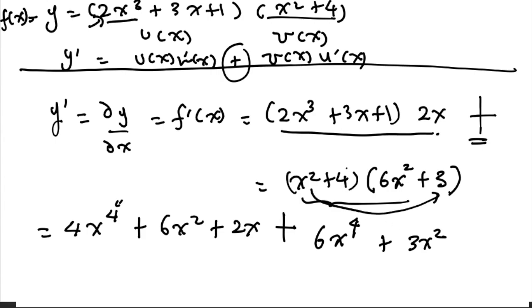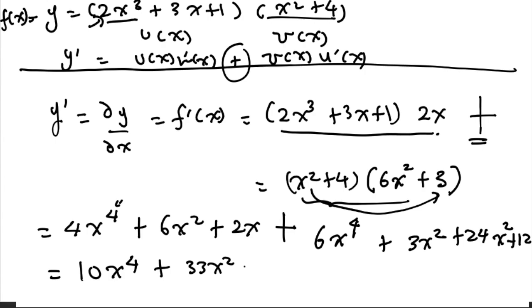Now, move to this one. 4 times 6x squared becomes 24x squared. 4 times 3 becomes 12, isn't it? And then you simplify further, 10x to the power of 4, 33x squared plus 2x plus 12. Okay?